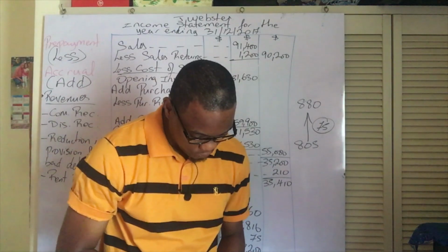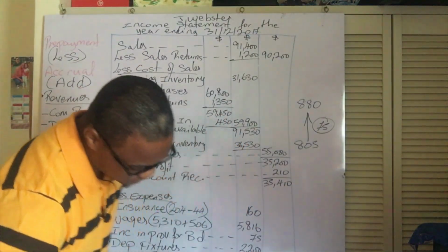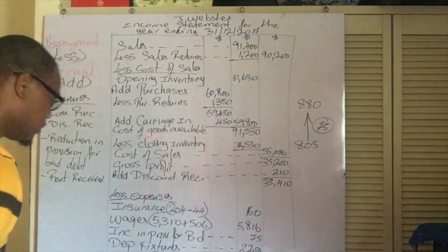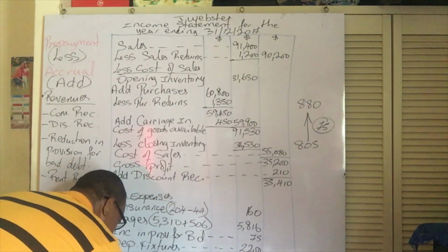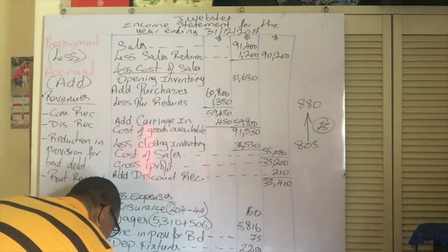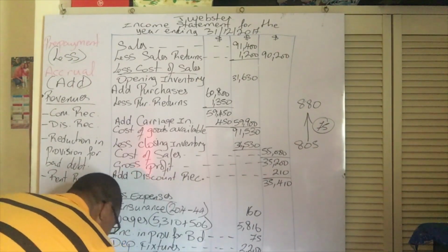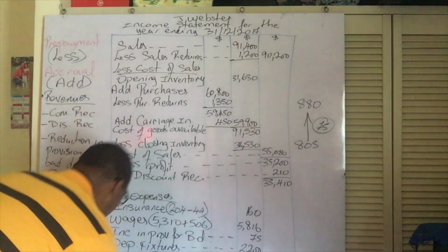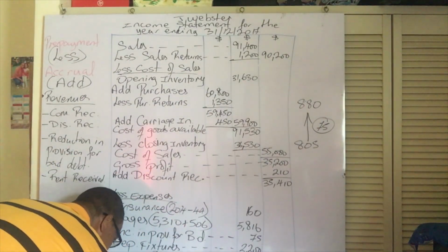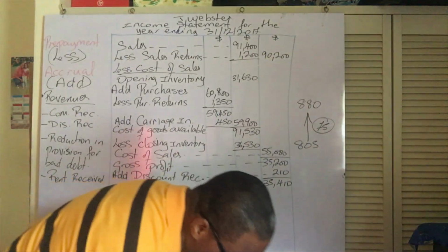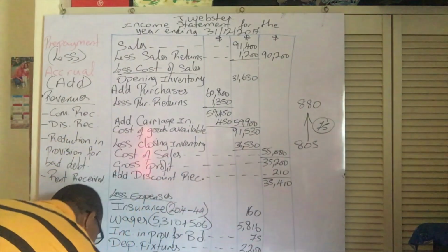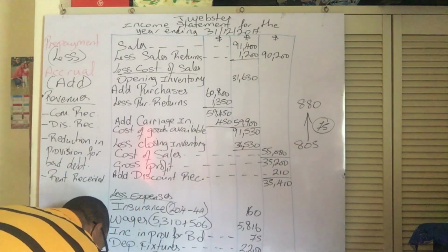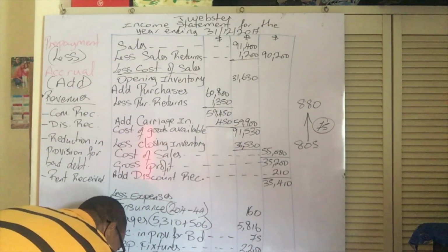So I see motor expenses, carriage outwards, discount allowed and rent and rates, and bad debt. Bad debt is an expense, you know.